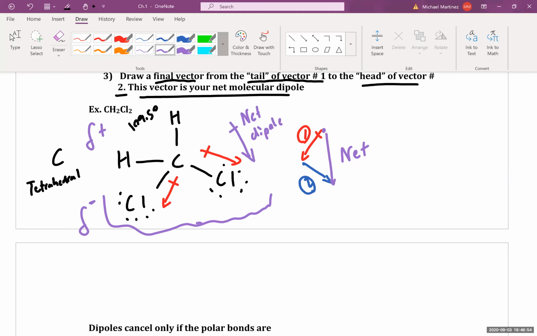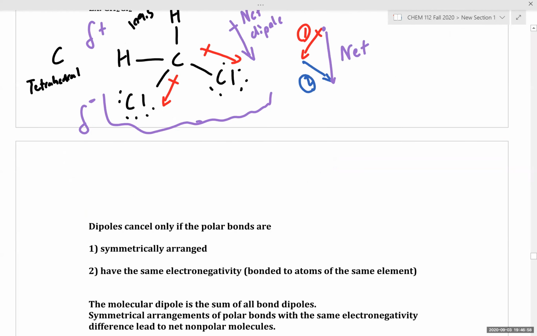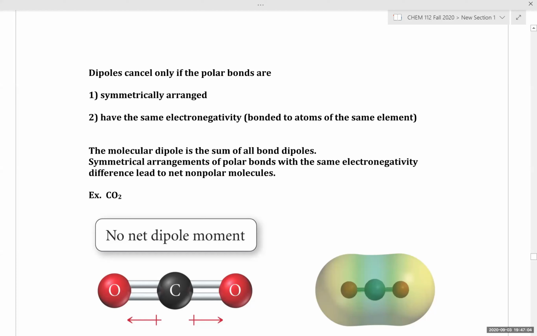Now, what's really cool about this is that based on the position of the dipoles, and based on this head to tail method, we can actually develop a general rule for which molecules are polar and which ones are not. So dipoles cancel only if polar bonds are symmetrically arranged and if they have the same electronegativity.